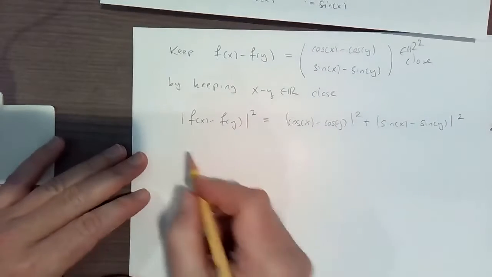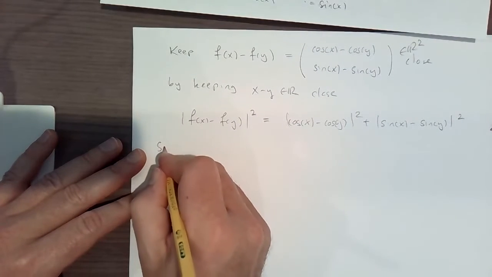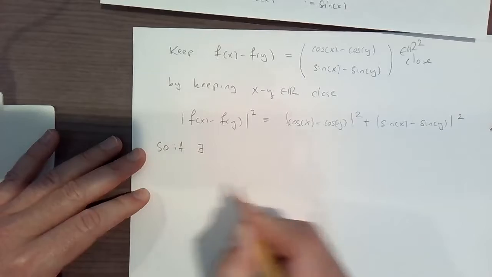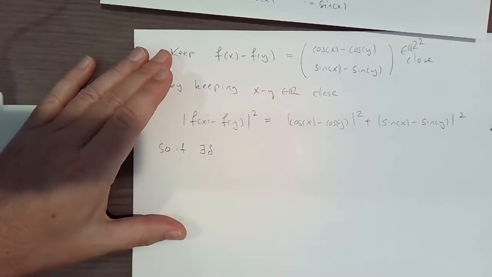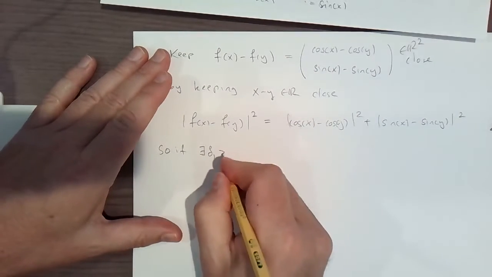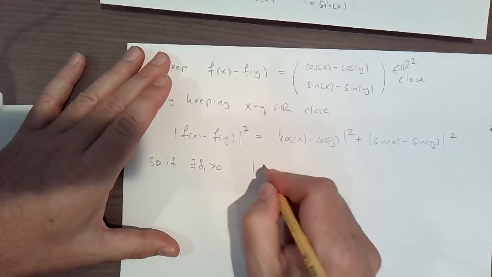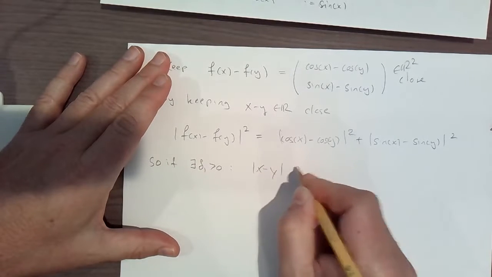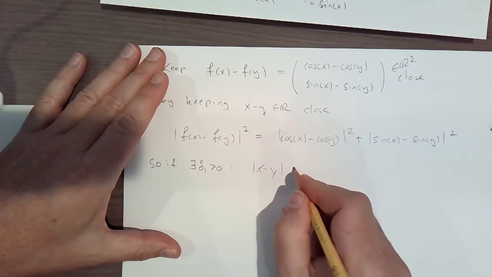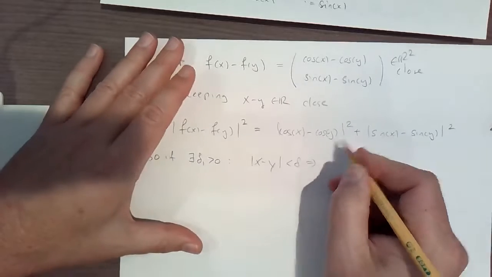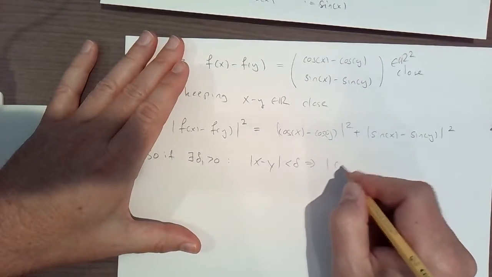So if there exists a delta, say a delta 1, such that x minus y being less than delta implies that the cosines are close to each other.